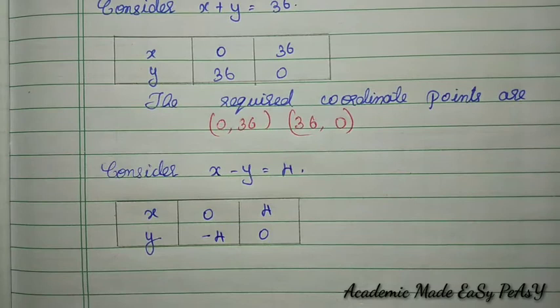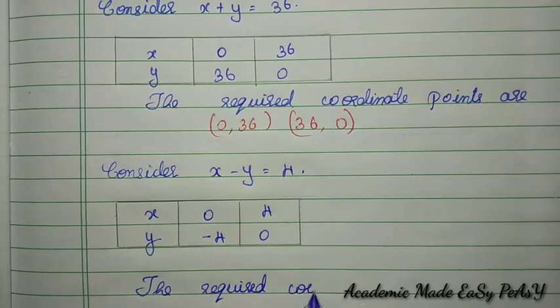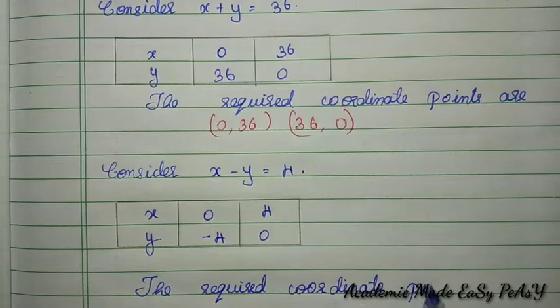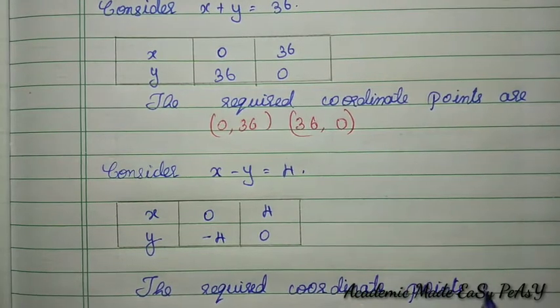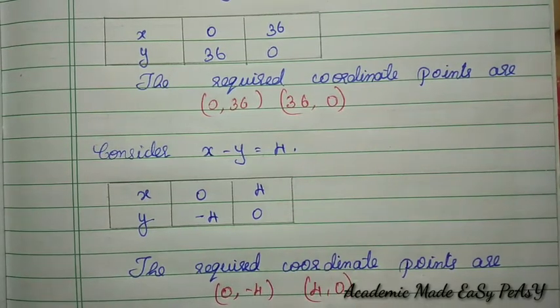So now the required coordinate points are 0, minus 4 and 4, 0. So now let's start plotting the points.